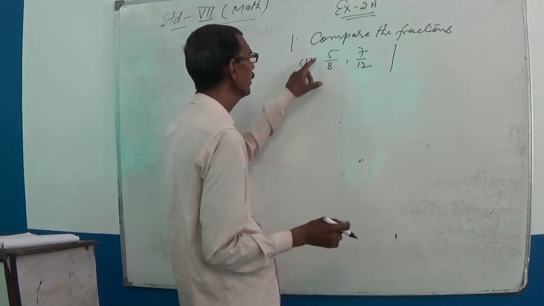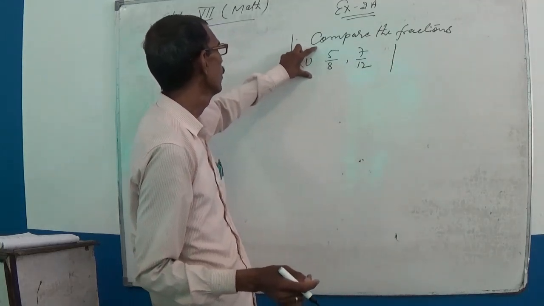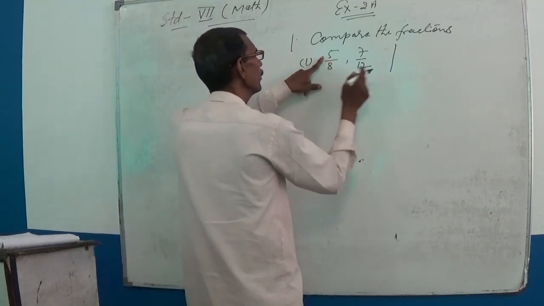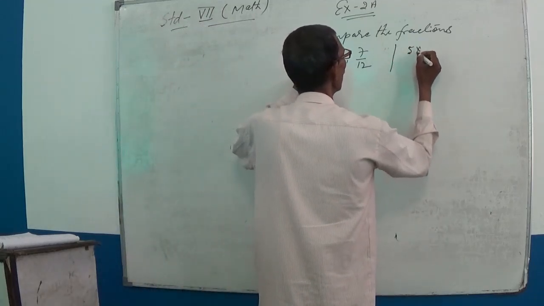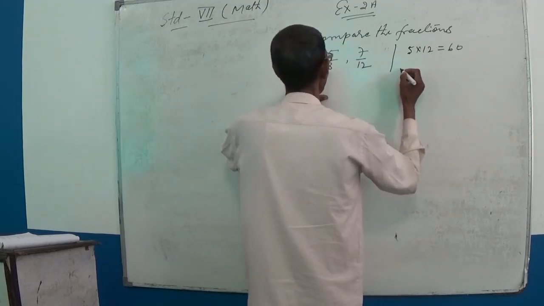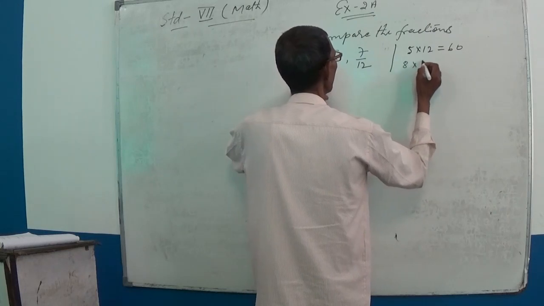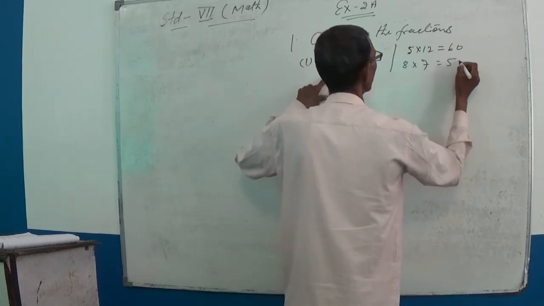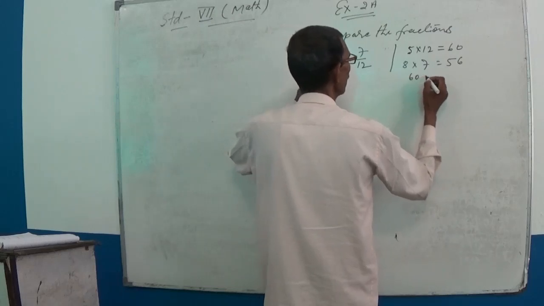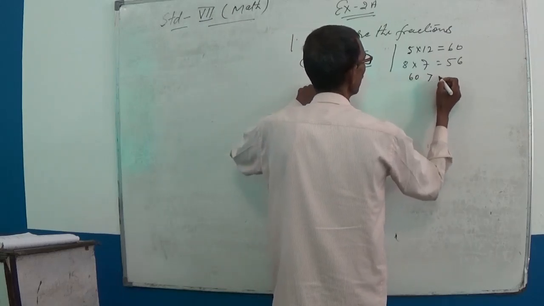Now apply the rules of comparison of two fractions here. 5 into 12 is equal to 60 and 8 into 7 is equal to 56. Clearly 60 is greater than 56.